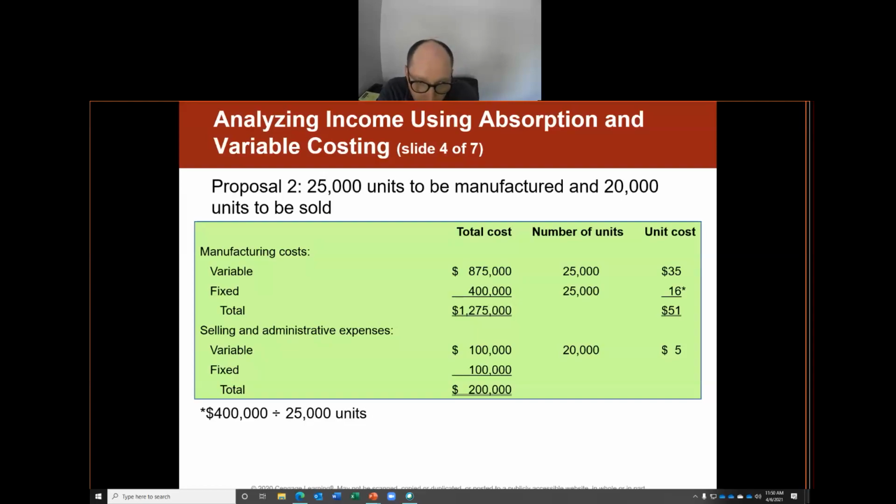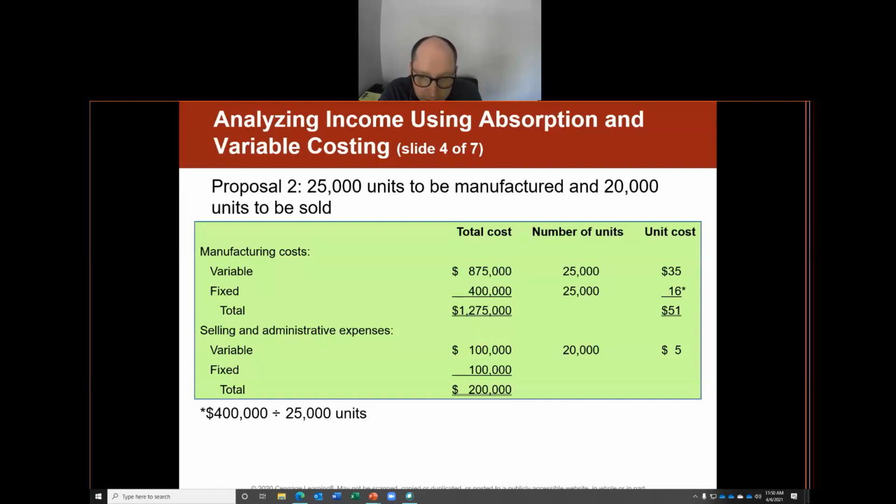We took our total fixed cost for manufacturing, 400,000, divided by the total number of units we plan to manufacture, 25,000. That gets us a total manufacturing cost of 1,225,000. That's variable plus your fixed. That's $51 per unit cost.